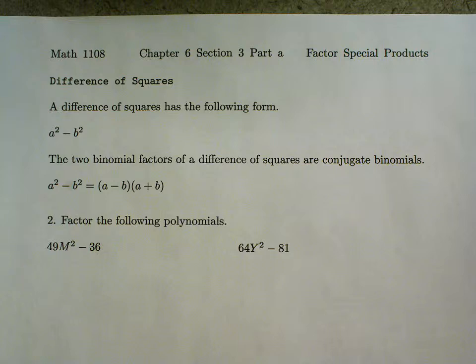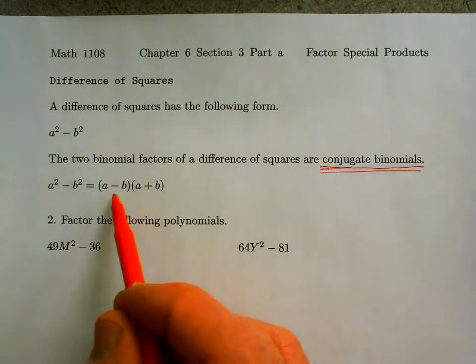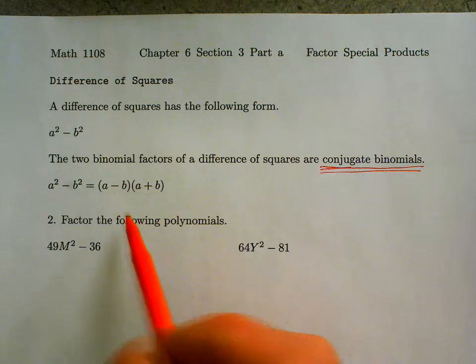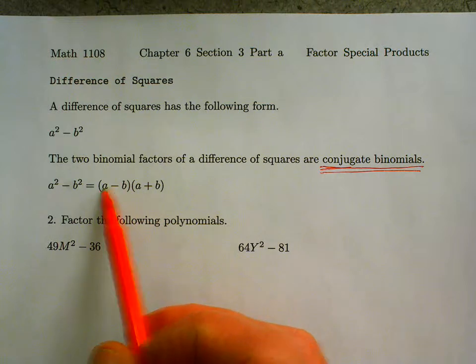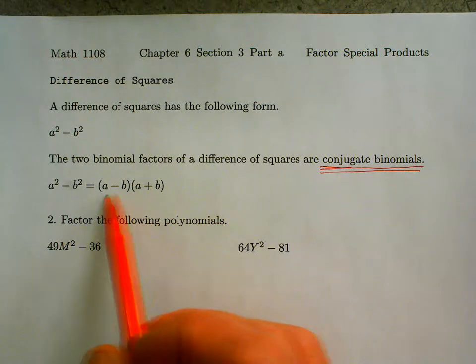They are referred to as conjugate binomials because one of the binomials has minus, the other one has plus. But the terms used are the same, a and b in both. So a minus b times a plus b.